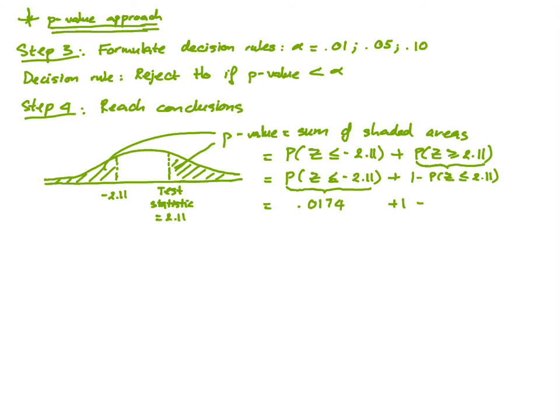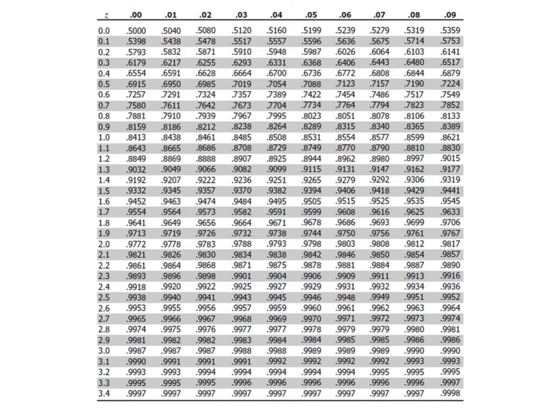Now, for the probability that z is less than or equal to 2.11, you want to go into the z-table, look at row 2.1, look under column 0.01, and that gives you 0.9826.